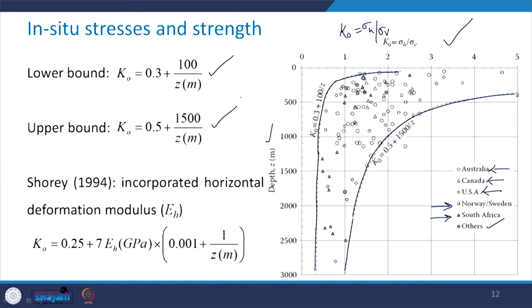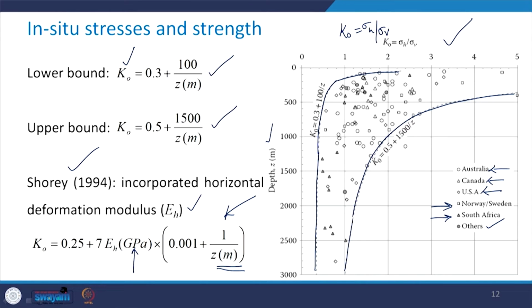Then in 1994, Sheorey incorporated the horizontal deformation modulus in order to find this coefficient K naught in terms of EH and the depth Z, and this is given by this expression. Here this EH, which is the horizontal deformation modulus, is substituted in gigapascal and the depth is written in meter.